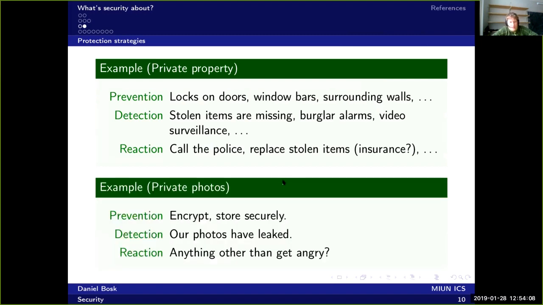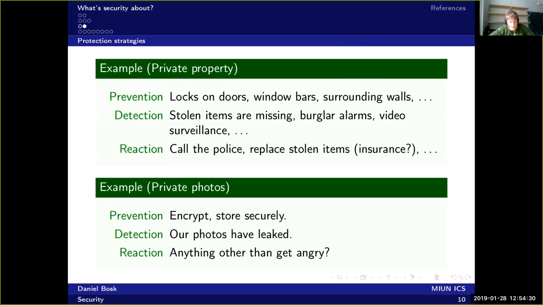And finally, another example, private photos, and we get back to that one. The prevention would be to encrypt them and store them securely and have the key on our person and never store it anywhere so anyone can get hold of it. Detection is, of course, that our photos have leaked to the web.